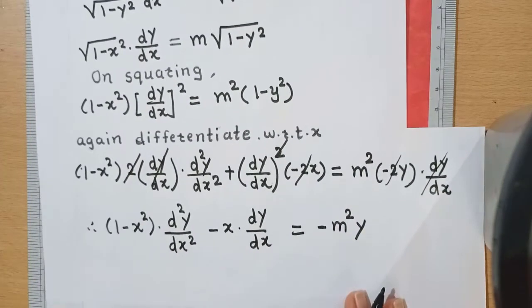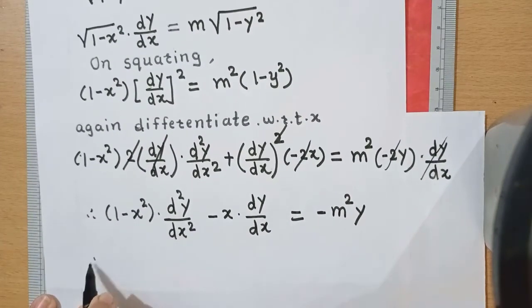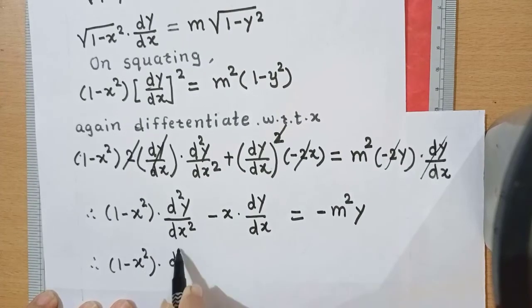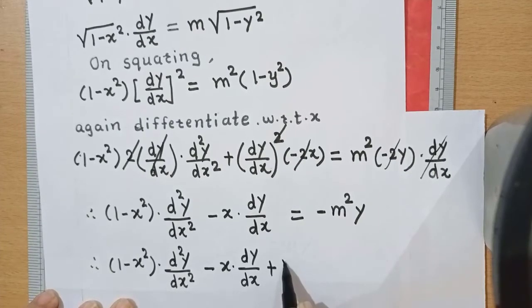Shift this term to the left hand side, so the final answer is 1 minus x square d square y by dx square minus x dy by dx plus m square y equal to 0 is our final answer.